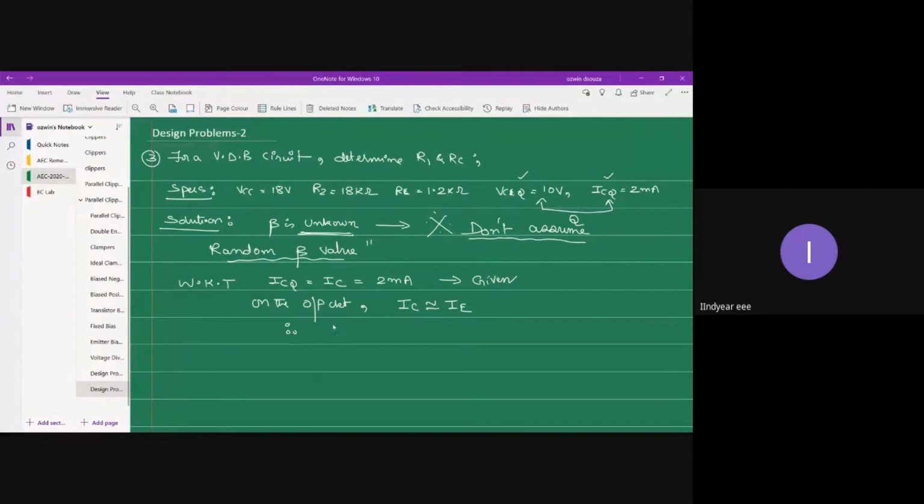You could say that IC is approximately equal to IE. Therefore you can go for the emitter to ground voltage equation, that is VE is equal to IE into RE, or approximately IC into RE.